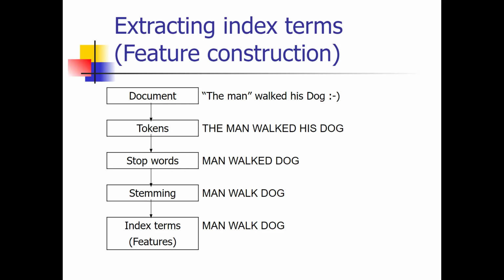So what it means, when you have a large number of features, usually your classifiers will perform really badly. So that means you have to carefully select your features. So feature selection or term selection is a very important idea, right? You have to select features.